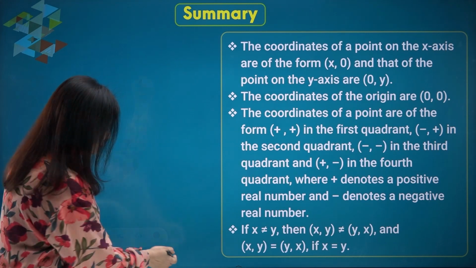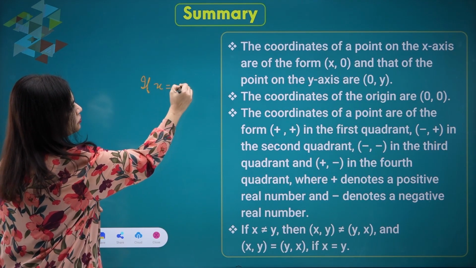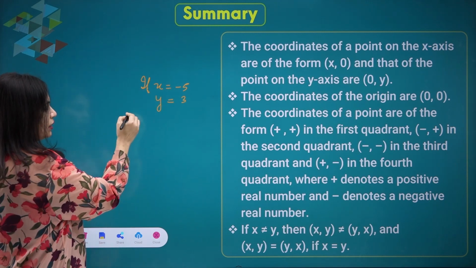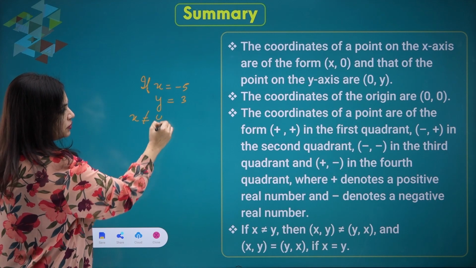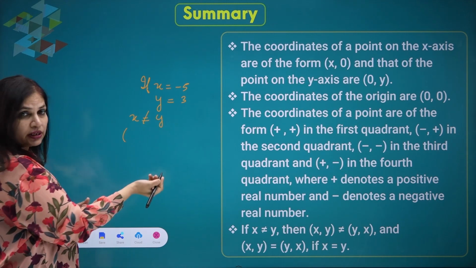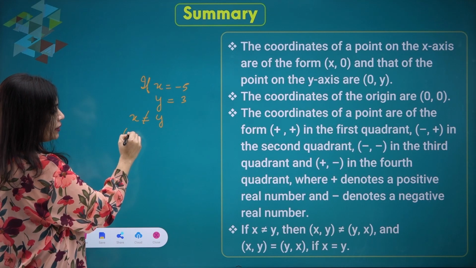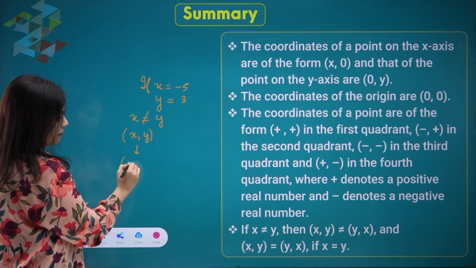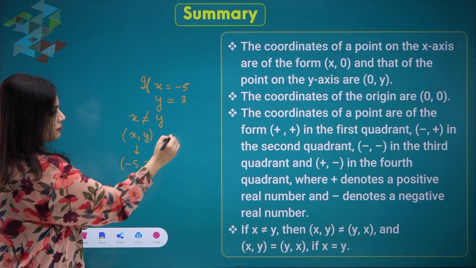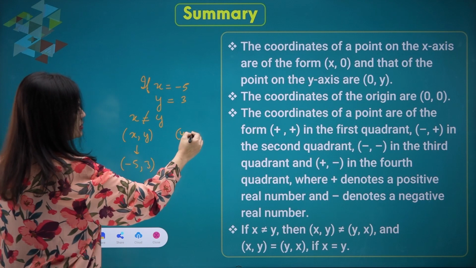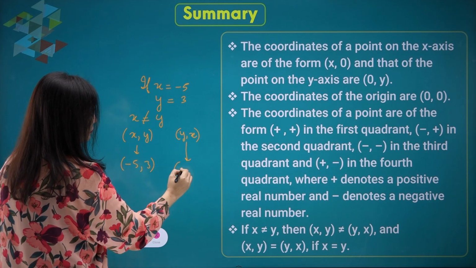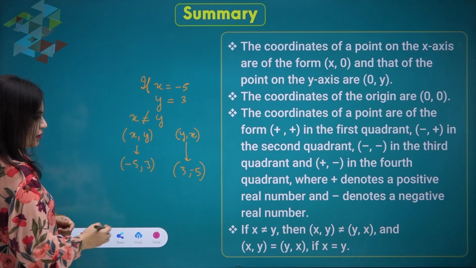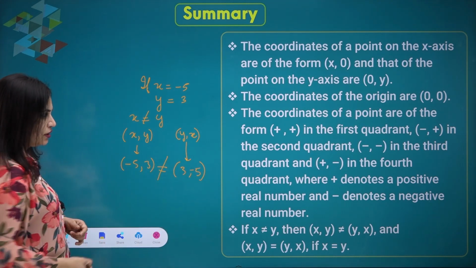For example, if x is equal to minus 5 and y is equal to 3, x is not equal to y, so my point x comma y will be minus 5, 3 and y comma x will be 3 comma minus 5, and these both are not equal.